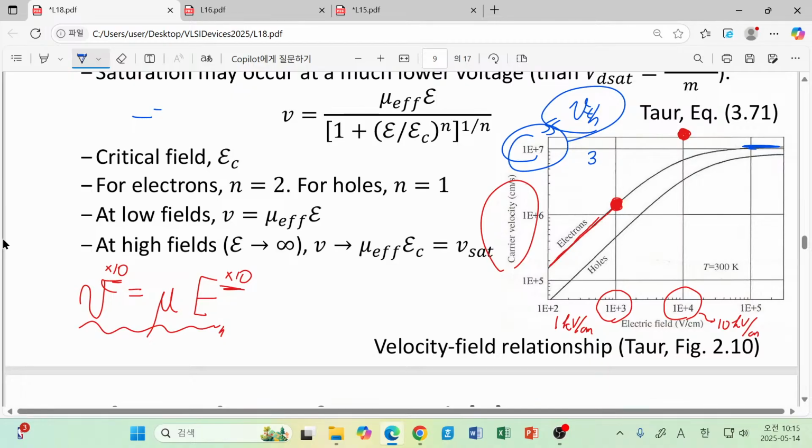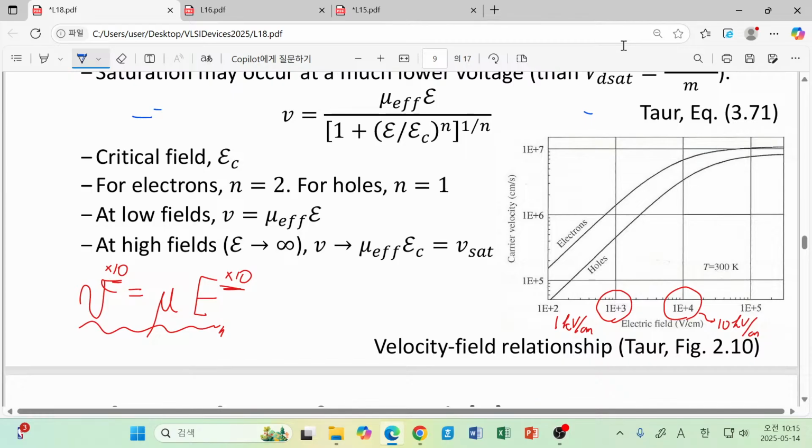At 300 Kelvin, of course, it has a certain thermal velocity, and 10 to the 7 is more or less similar to the thermal velocity at 300 Kelvin. There is no physical rule to be sure, but they happen to be in the same range.